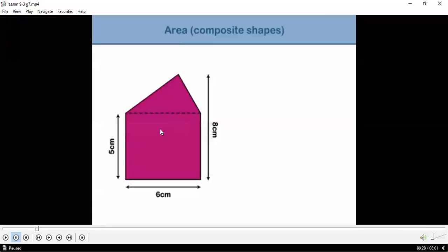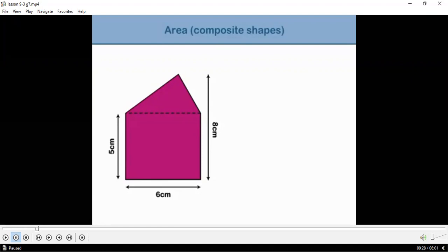If I want to calculate the area of this figure, what do I have to do? Hassan, how can we calculate the area of this figure? Can we calculate it one time or do we have to separate it?